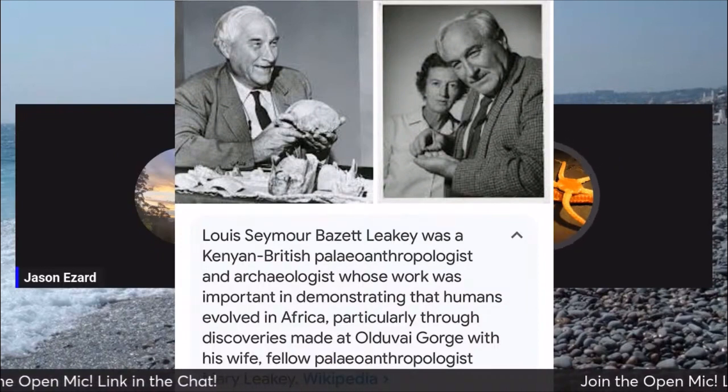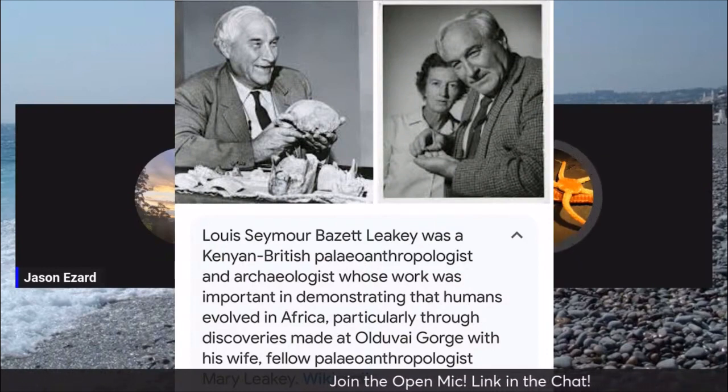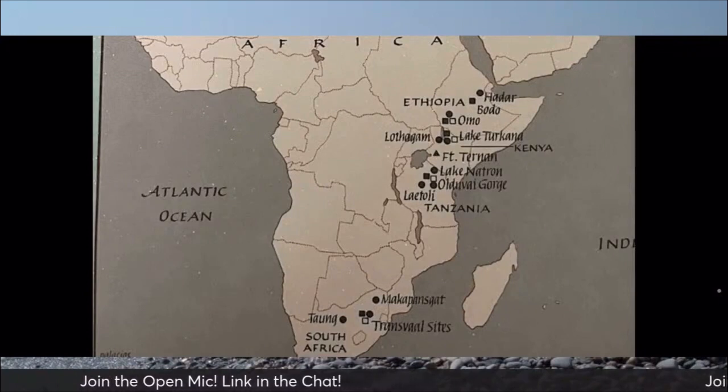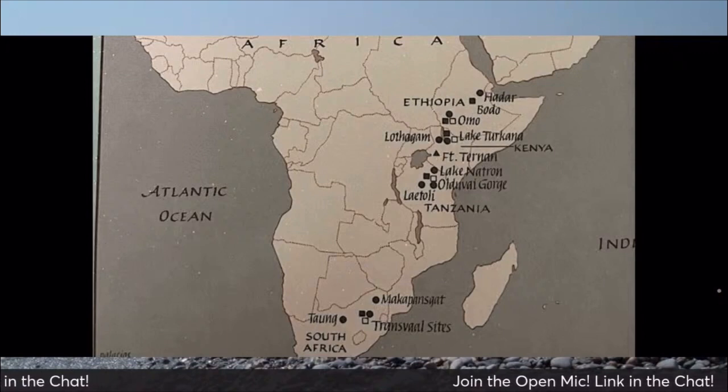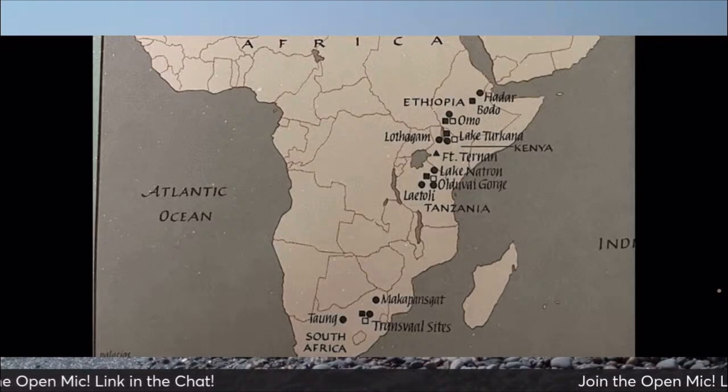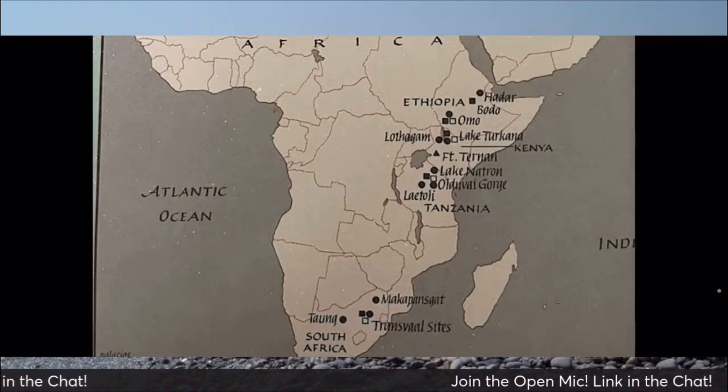Okay, I don't know if I have a good picture or a map of where Olduvai Gorge is. I might actually right here. Oh, yeah, there it is. There are a few names, but Olduvai Gorge is right beneath Lake Natron and above Tanzania. So anyway, it's above the word Tanzania.